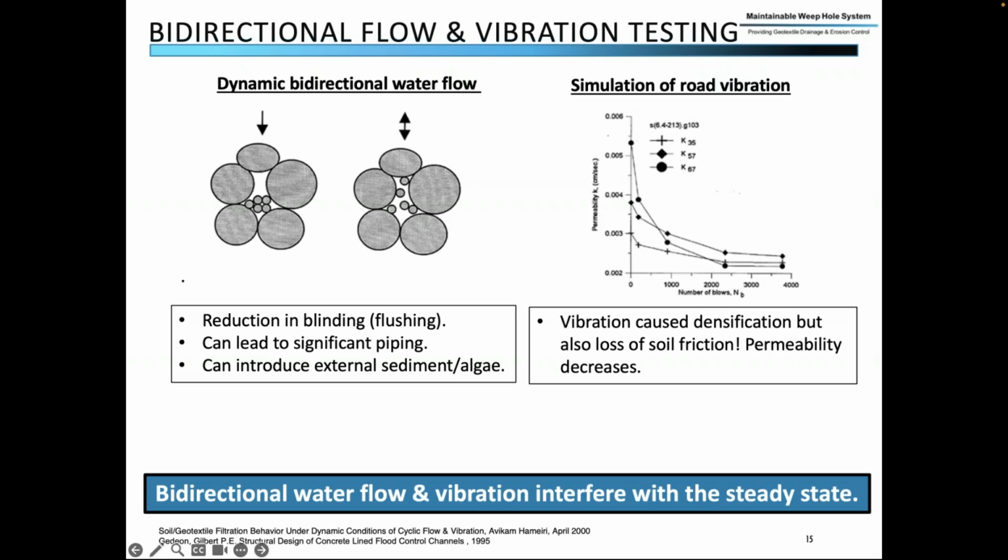Another is road vibration. So if you've got an abutment or maybe a culvert, and you've got cars going along an approach, and they get to the bridge deck, every time they go over that transition, there's little vibrations, especially when trucks go across.